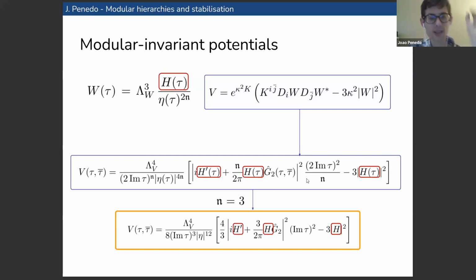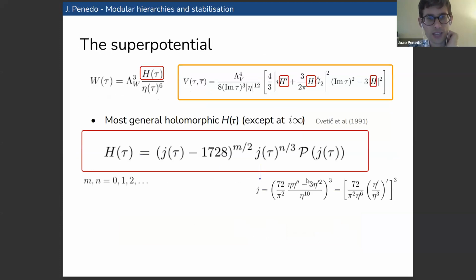So basically your potential V is a potential for tau, which is fixed as soon as you specify H, and it's a modular invariant potential for tau. This H should be the most general holomorphic function to parameterize it, which they claim to be the most general.